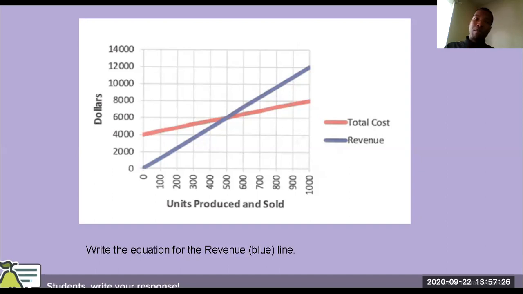So say, for instance, we're making PS4s. The red line represents how much it's going to cost us to produce that many and sell them.